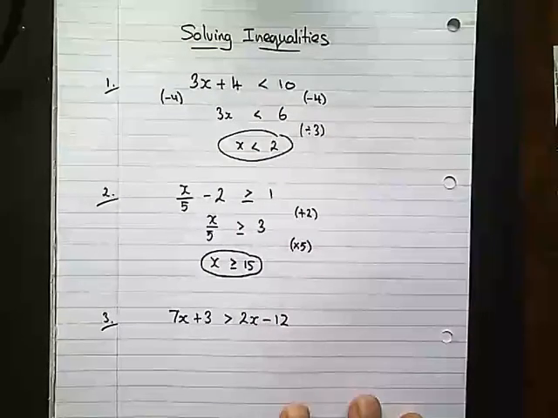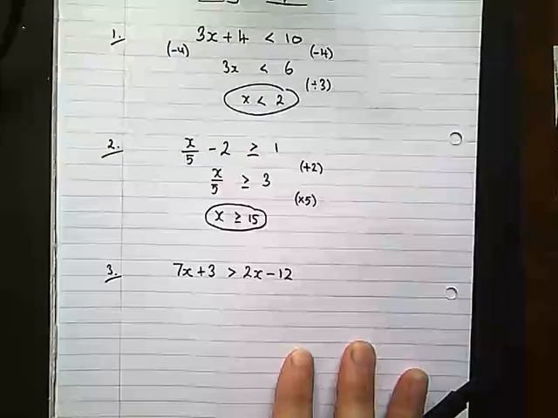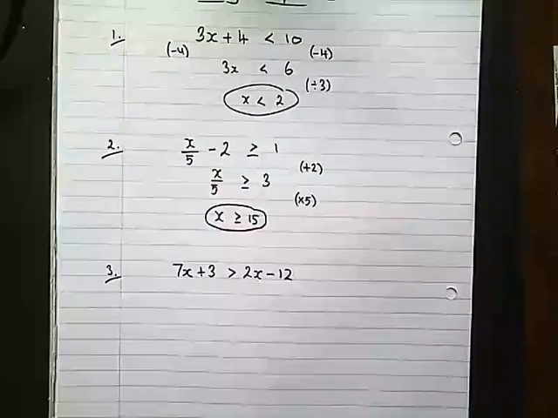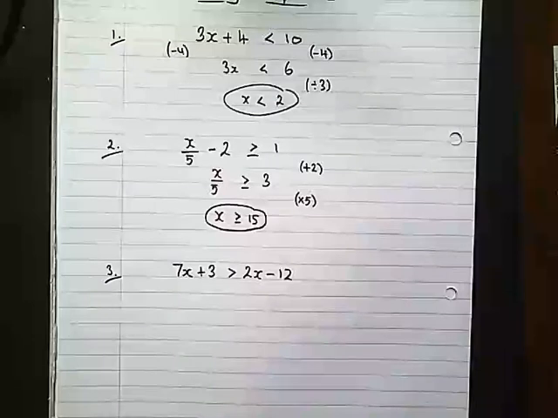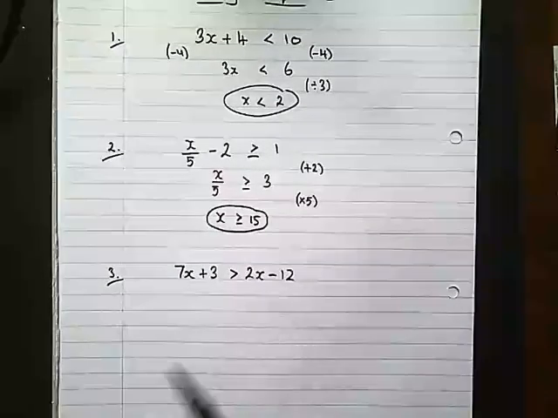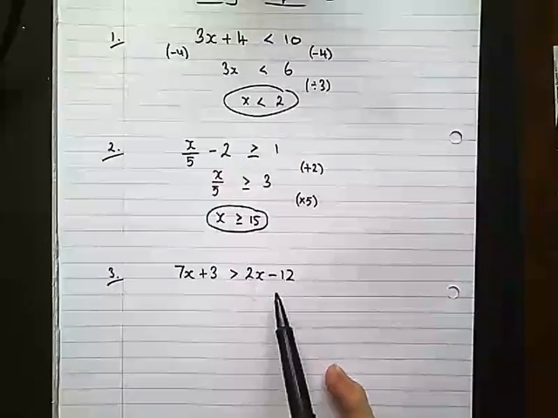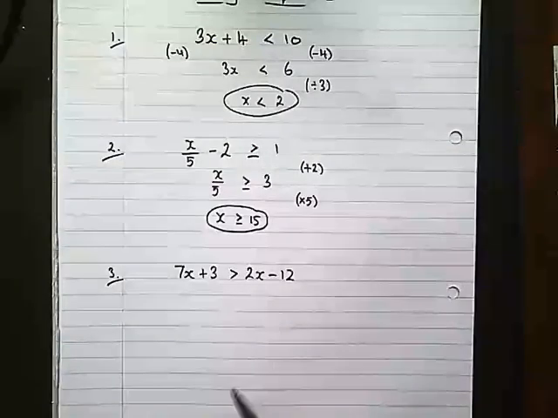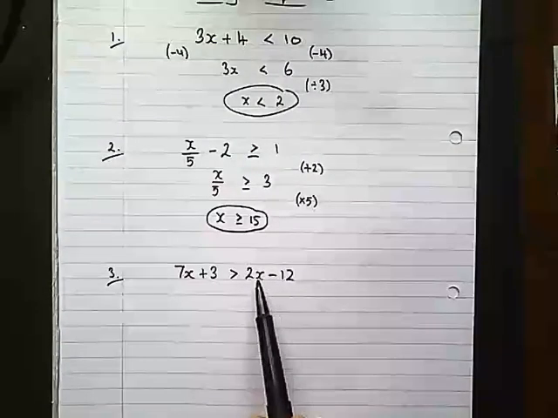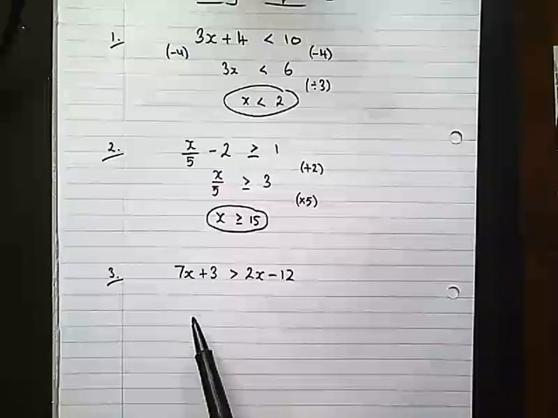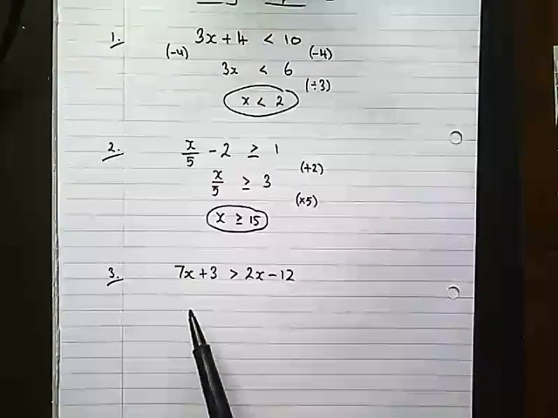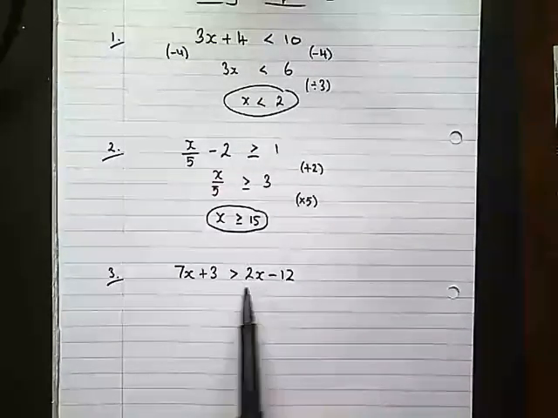Last example, and then you can do some of the questions on the worksheet. So I've got 7x plus 3 is greater than 2x minus 12. I need to get all my x's over to one side. It's the smaller amount of x that we move. 2x is smaller than 7x.